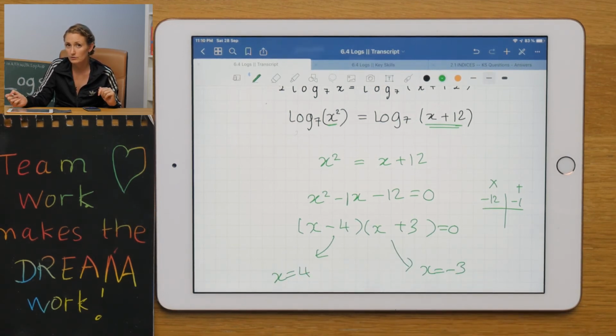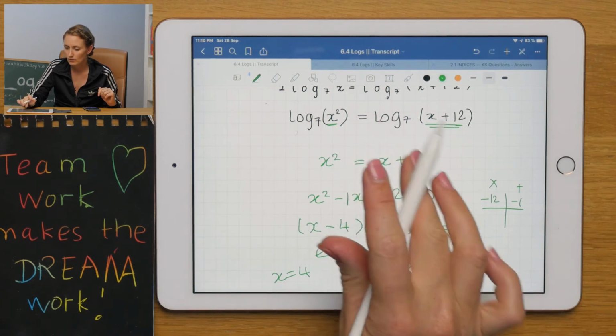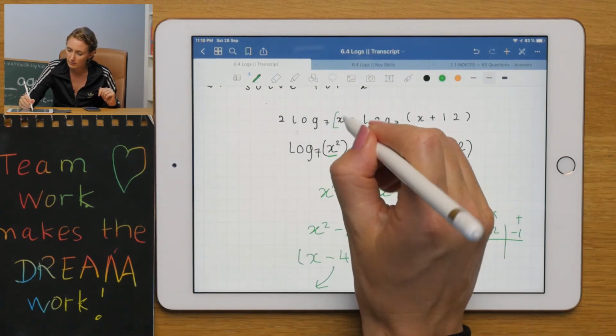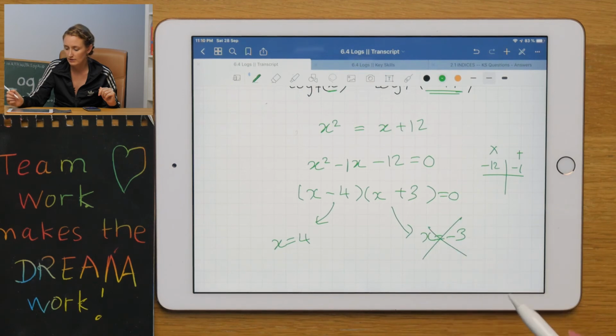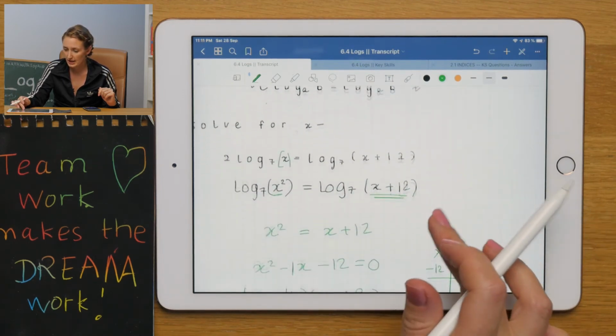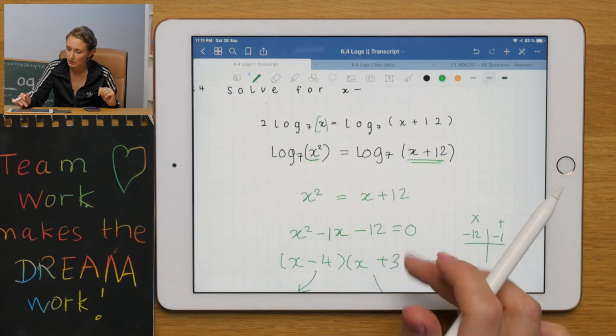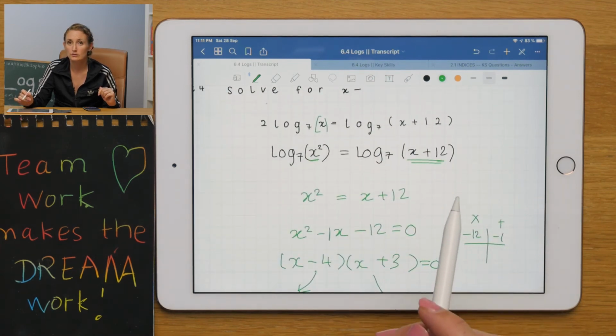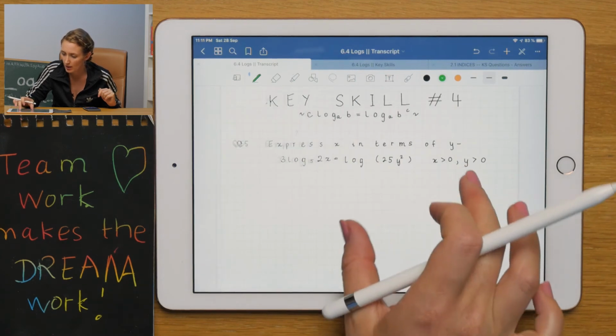Would we keep both of those solutions? No. We don't want this to be negative, so we're going to eliminate this one. We're going to be left with x equals 4. We can check it by substituting it back in. Check that, guys. See, does it work?